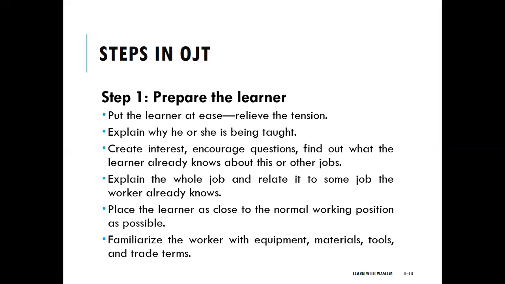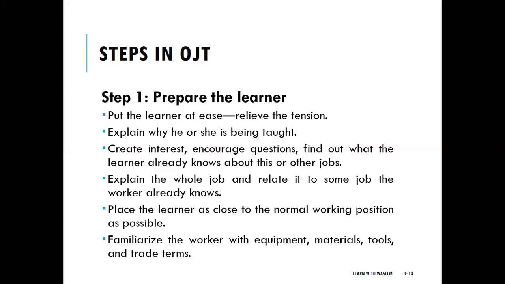Then explain the whole job and relate it to some job the worker already knows, and place the learner as close to the normal working position as possible. Familiarize the worker with equipment, materials, tools, and trade terms.